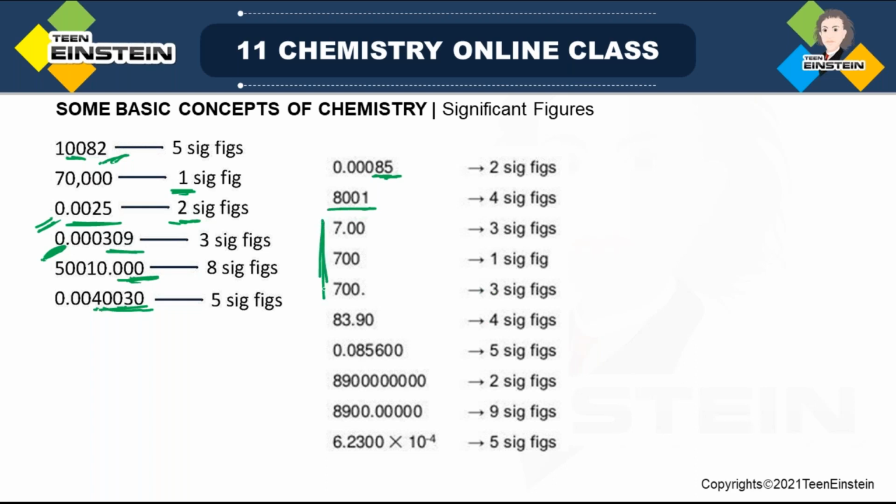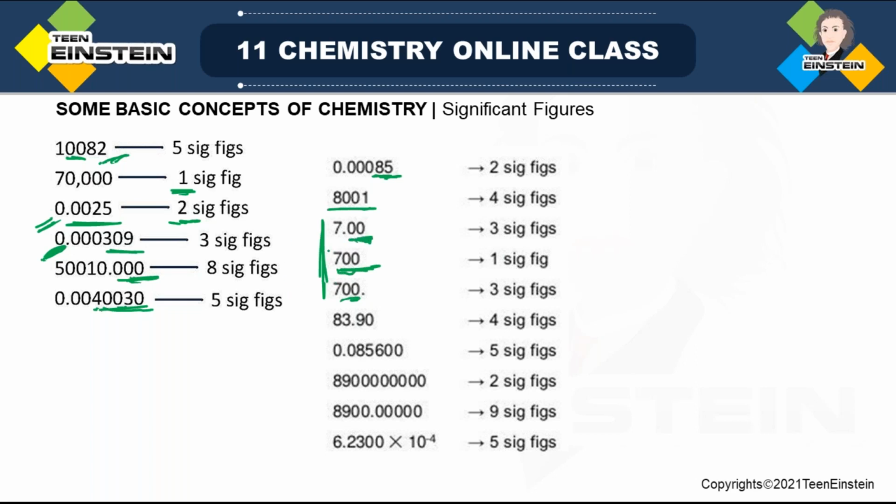Now these three are very interesting. They are very close to each other, but still there is a difference in the position of the decimal. It is 7.00, then a number 700, then 700 with a decimal. Once you put a decimal here, these two zeros will be considered significant. But when there is no decimal, these two are not considered; only 7 is considered.